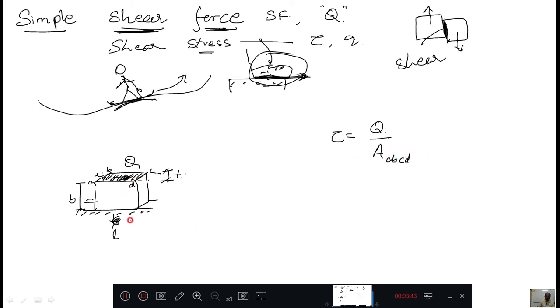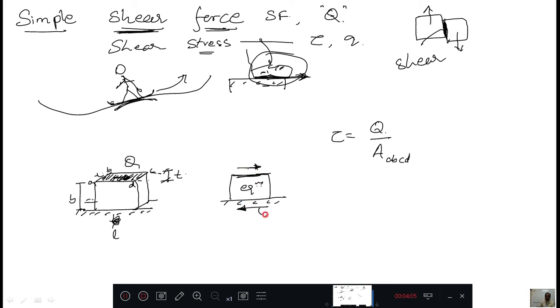When I apply this force, it induces a shear, a surface shear force. But the body is in equilibrium, which means an equal amount of stress will be developed here.